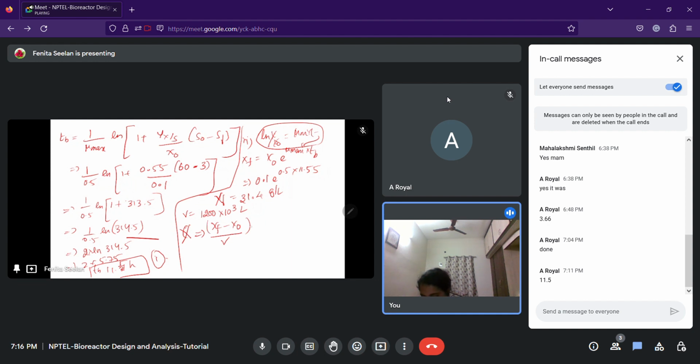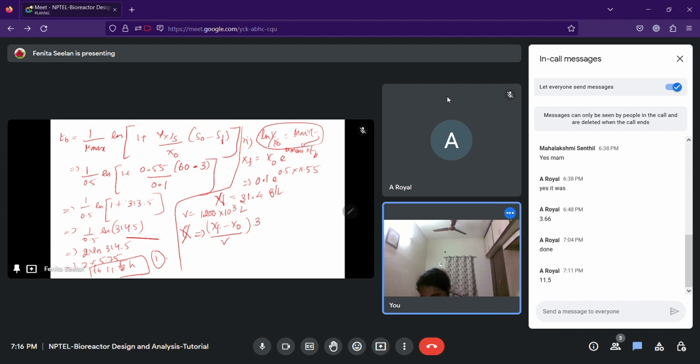So please understand, the terms will be confusing. We have to understand what exactly they are asking for. When it is asked as total mass of cells produced per batch, it means the initial inoculum should be neglected because it is given by us. Only what is being produced should be considered. That is why we take final minus initial.